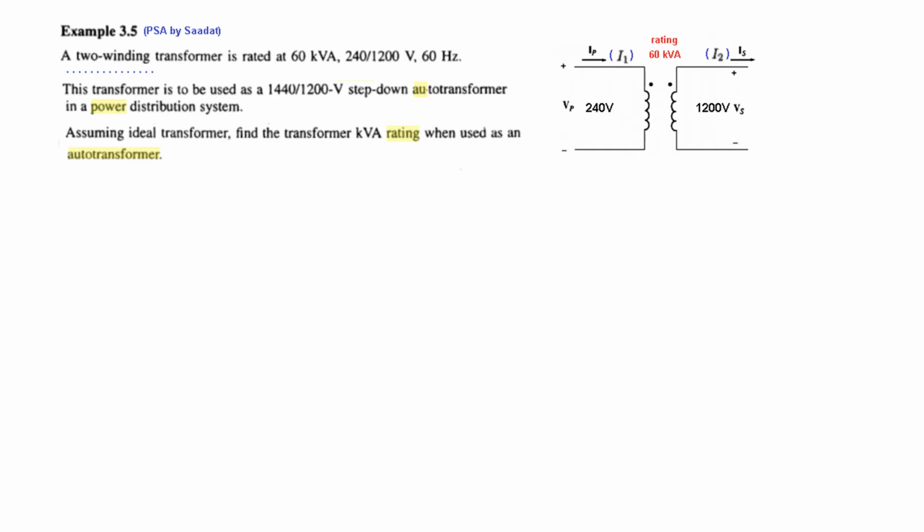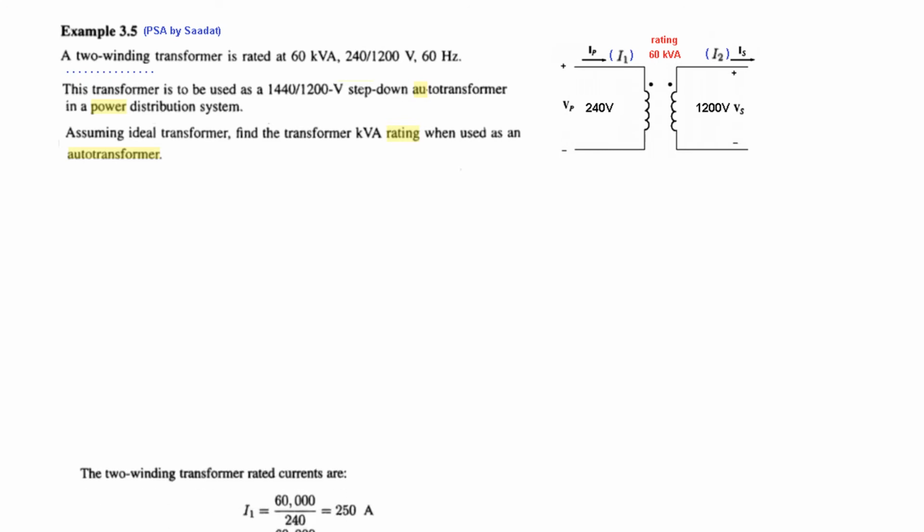It is rated 240/1200, that means the input is 240 volts and the output is 1200 volts, at 60 hertz. And there are some more things not relevant. This transformer is to be used as a 1440 over 1200 volt step-down autotransformer in a power distribution system.